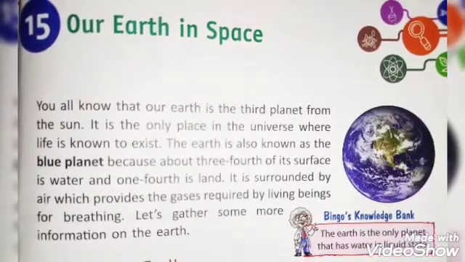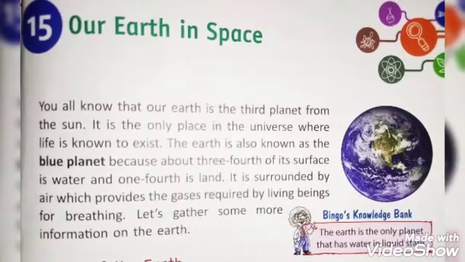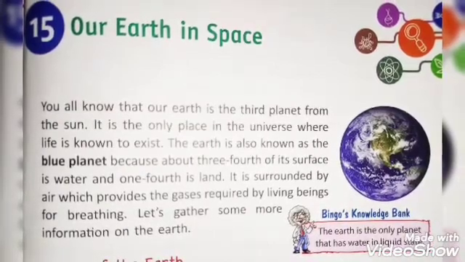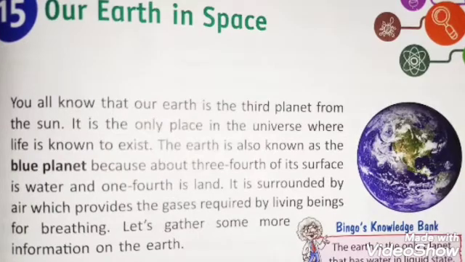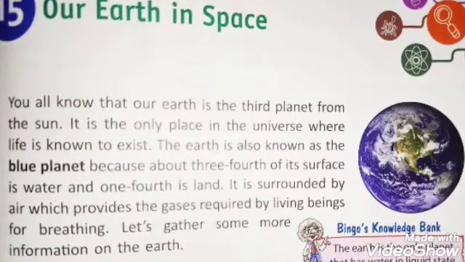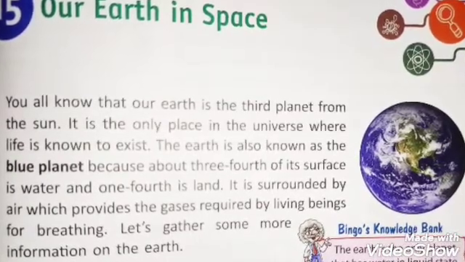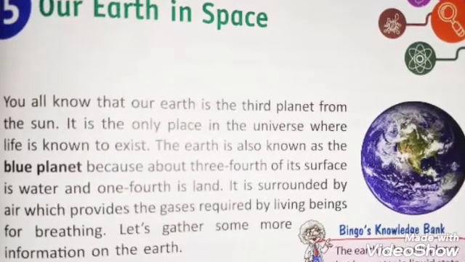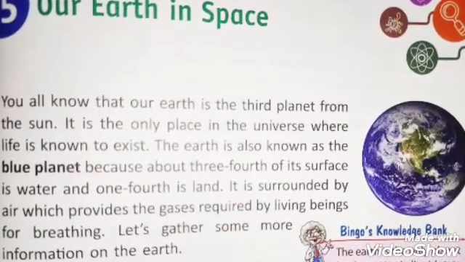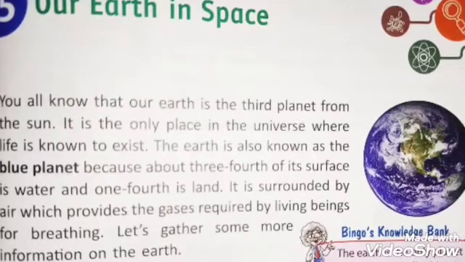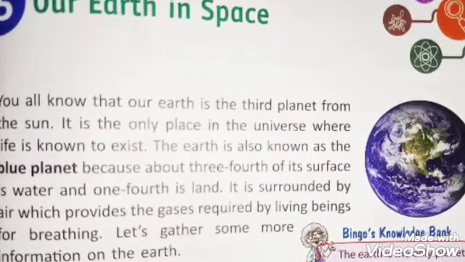The Earth is the only planet that has water in liquid state. So, children, Earth is the only planet where water exists in liquid form, as we know that water can be found in 3 different states: solid, liquid, and gas.